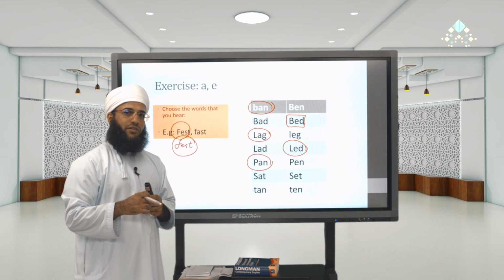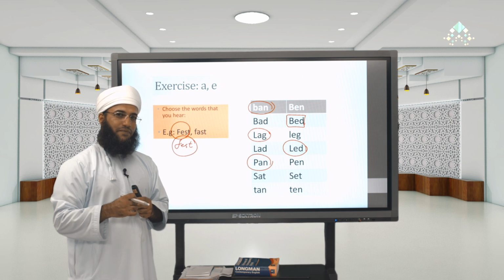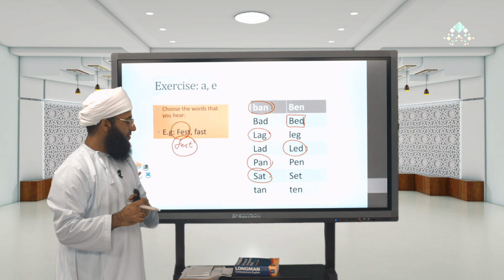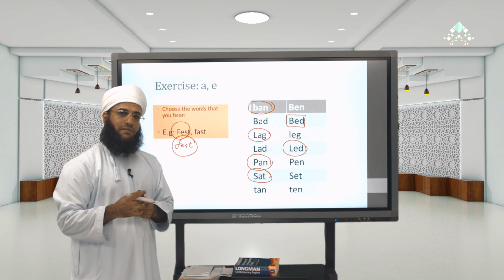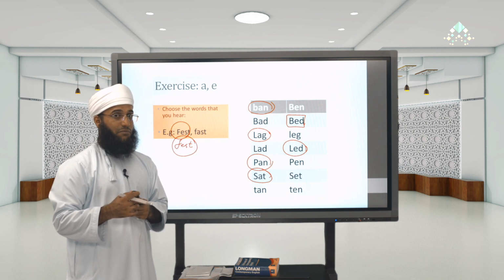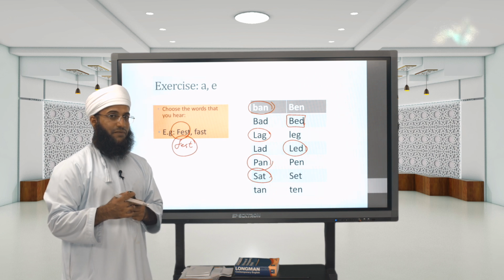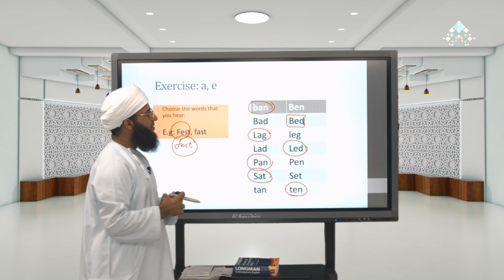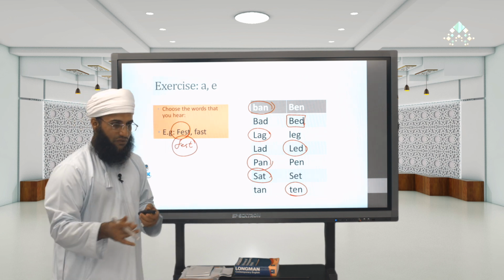The student sat on the chair. Sat. Okay, the last one. I gave him 10 marks. Which one? 10. So it's not ten. So I think this is easy for you.